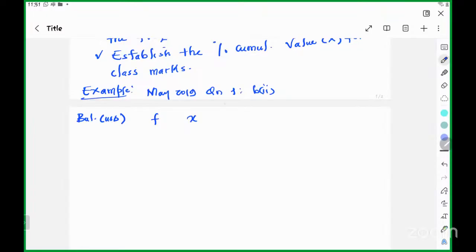Then we shall need percentage F, then percentage cumulative frequency of F, then percentage X, and then percentage cumulative of X.